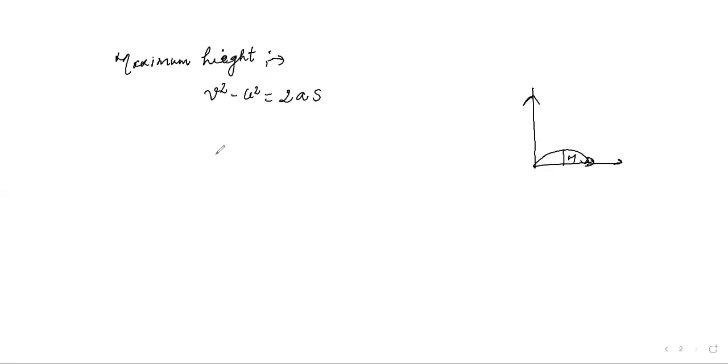Here, the final velocity of the projectile v, because when the projectile reaches here at maximum height, it has maximum potential energy and its kinetic energy will be 0. Therefore, its final velocity will be 0. So v equals 0, and we are talking about vertical distance, so here we take vertical velocity, u sine theta square, and in upward direction a equals minus g and s equals h. Maximum height is denoted by h.